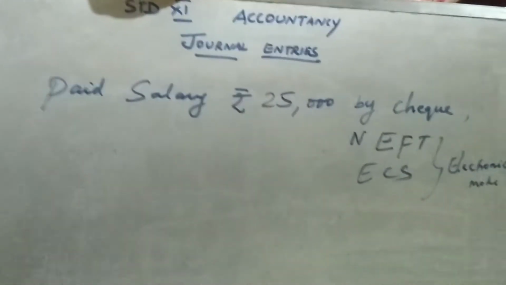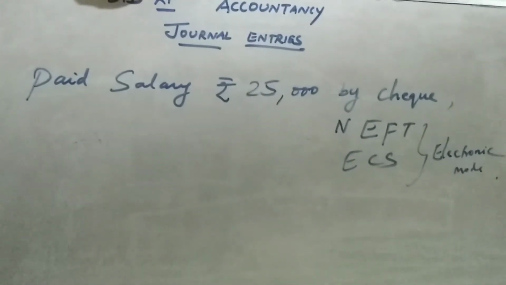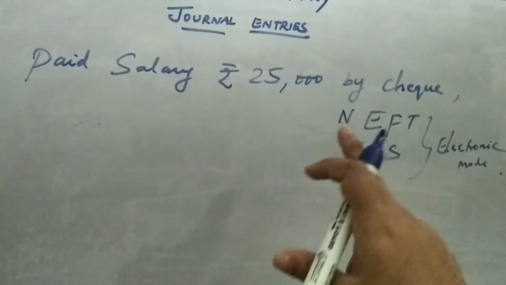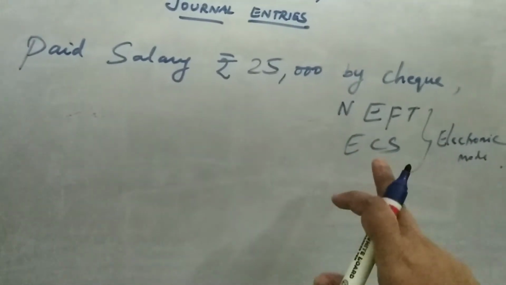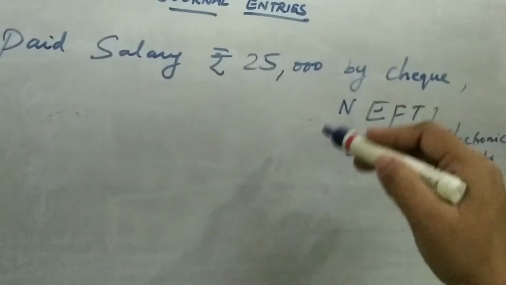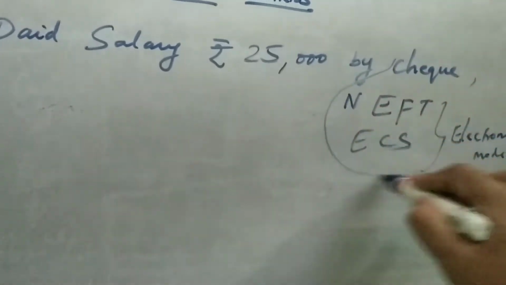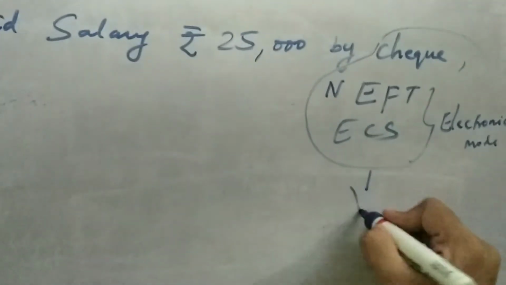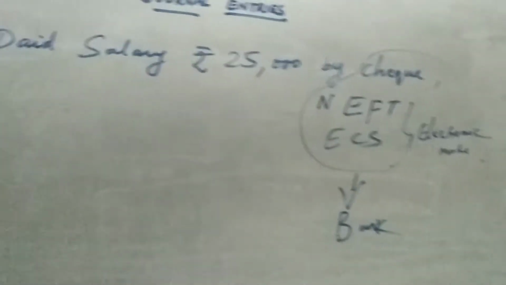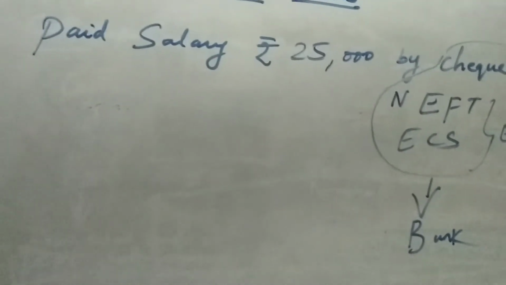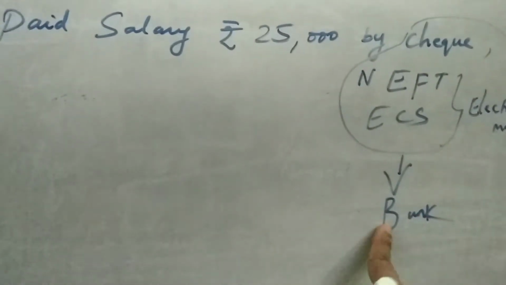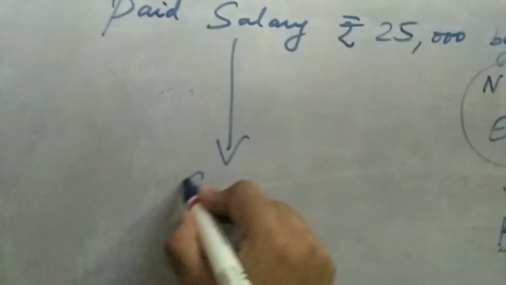The next transaction, paid salary 25,000 by check, or if it is being transferred through NEFT or through electronic clearing system. So any mode, if you come across these things, it is related to bank. So first step, as I told you, you have to identify the two accounts involved. One we have found out, bank, the other one is salary.